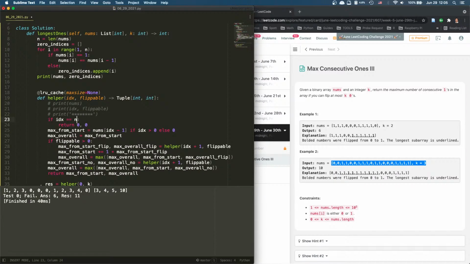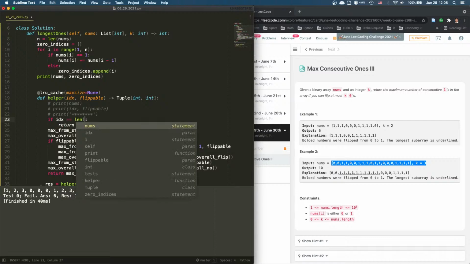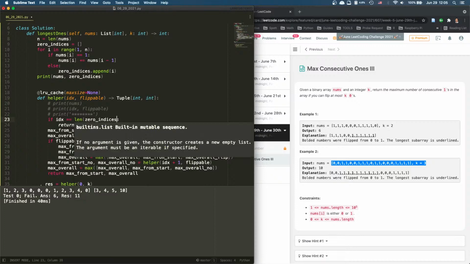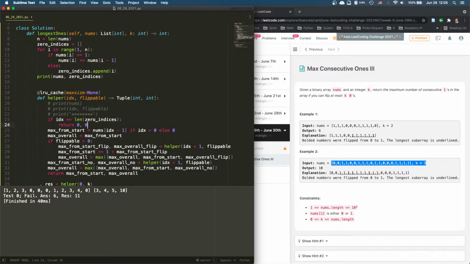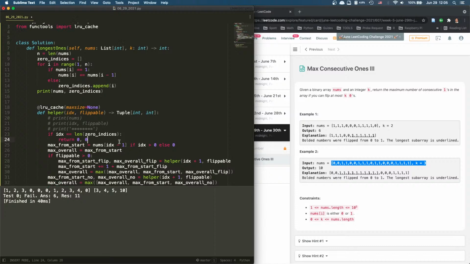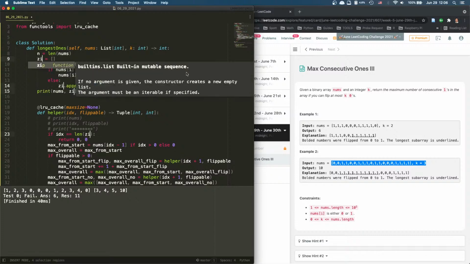I'm going to say indices equals len of 0 indices, then we'll return this. Otherwise, from start, let's call it zi so you don't have to type as much.